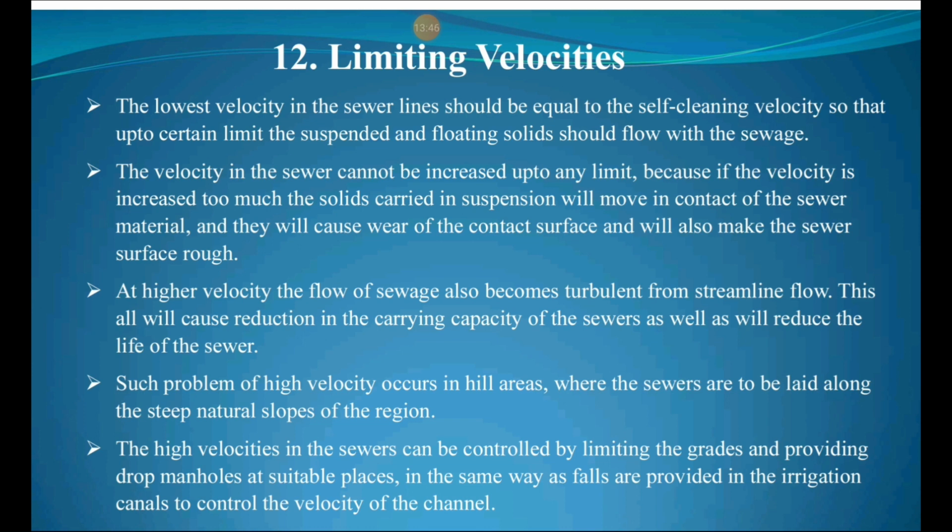The velocity in the sewer cannot be increased up to any limit, because if the velocity is increased, too much solids carried in the suspension will move in contact of the sewer material, and they will cause wear and tear to the contact surface and will also make the sewer surface rough. At higher velocity, the flow of sewage also becomes turbulent from streamline flow, and this will cause reduction in carrying capacity of sewers, as well as it will reduce the life of sewer.